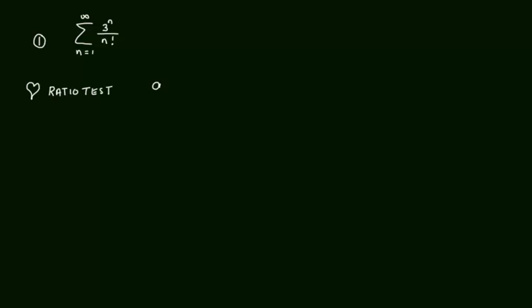In the ratio test, we're going to denote the nth term, clearly 3 to the n over n factorial. We will also denote the next term, the nth plus 1 term, which is 3 to the n plus 1 over n plus 1 factorial.